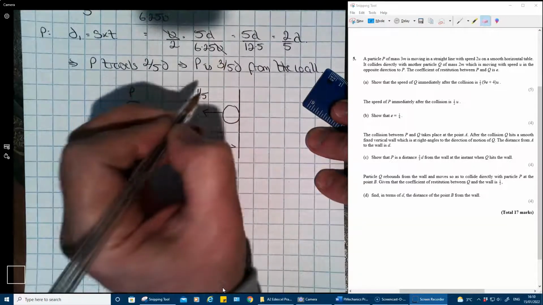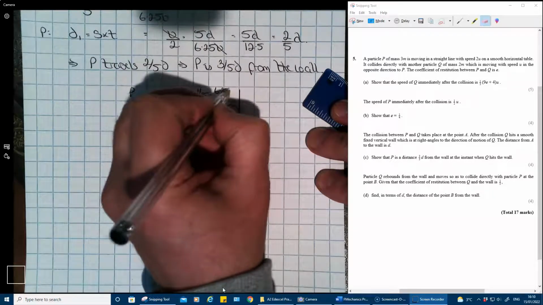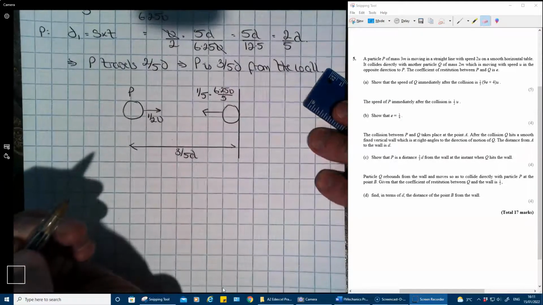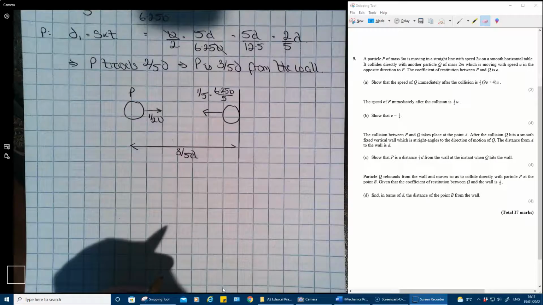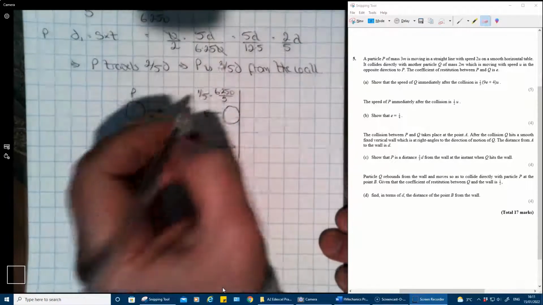That's a coefficient of restitution, 1/5 times 6.25u over 5. Okay, so 6.25 over 25, so that is 1/4 u.